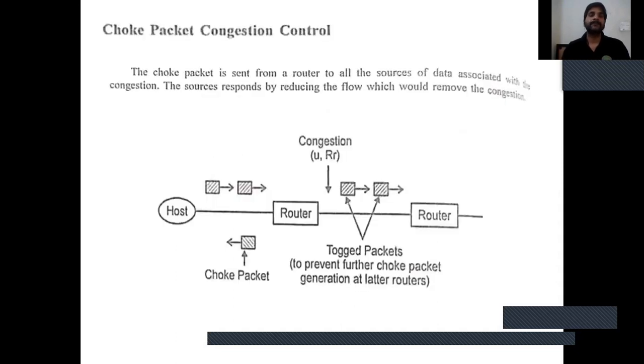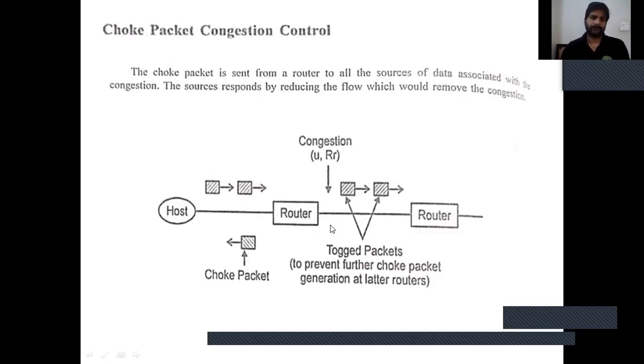The third process. Next, some techniques used for congestion control are explained, like choke packet congestion control. In choke packet congestion control, suppose the routers and hosts send messages. Several routers are connected in this network.